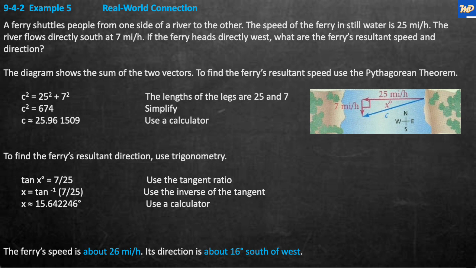So if you square those values and add them, c squared is equal to 674. Taking the square root of both sides, c is approximately 25.96.